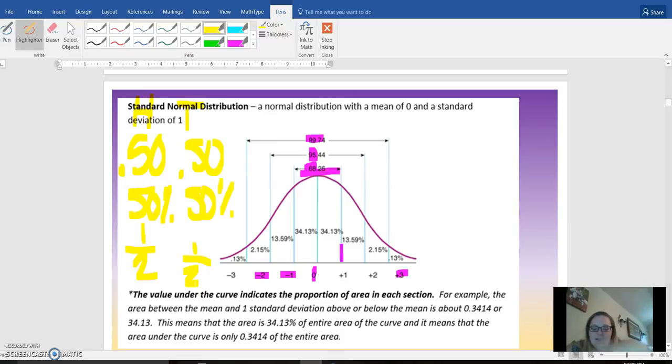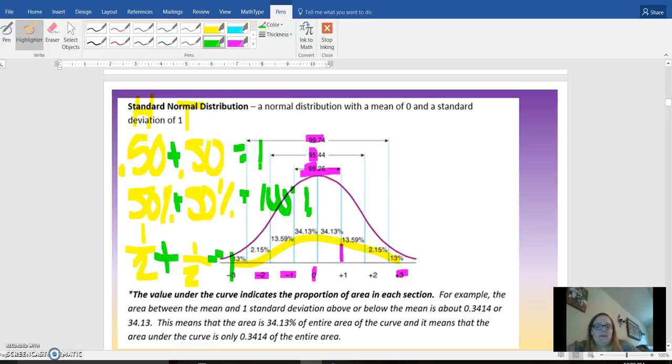All right, and so this curve is saying, if we add up all the possibilities, the different events, and the frequency that they occur, we're going to get 1. So this guy, when you add it, equals 1. This guy, when you add it, equals 100%. This guy, when you add it, equals 1. And so that's why we say the area equals 1.